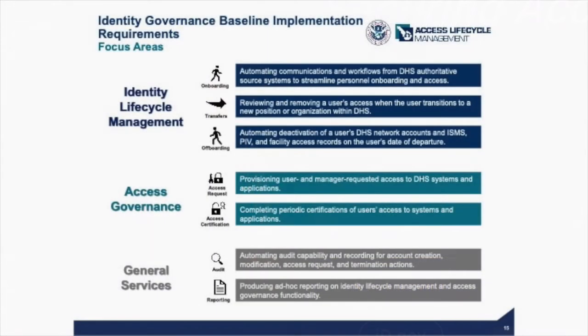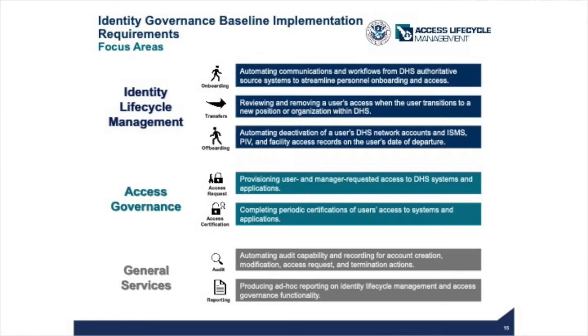The other thing that we've done with our governance solution is we've turned that into a set of baseline implementation requirements. What I mean by that, again, is at the department, we have the enterprise service, which is access lifecycle management. Several components are implementing their own solution.